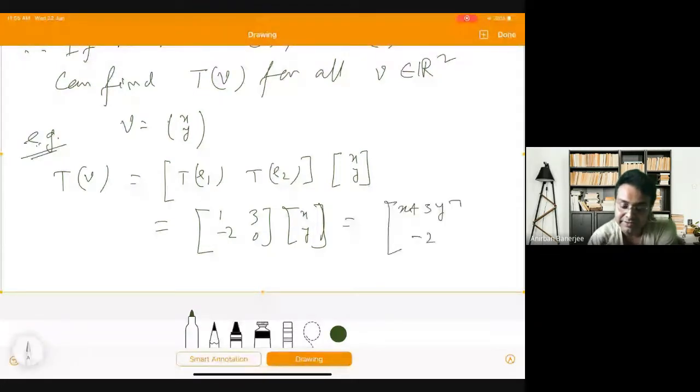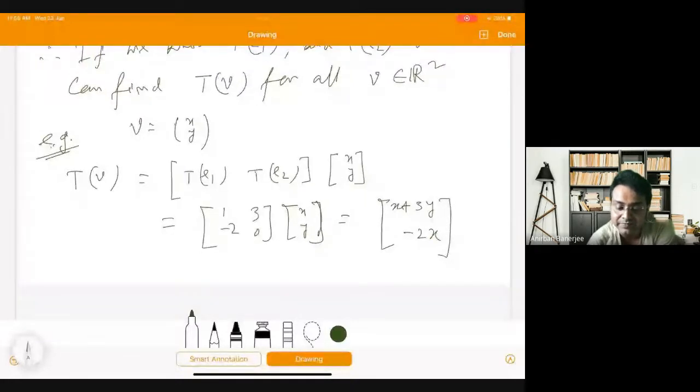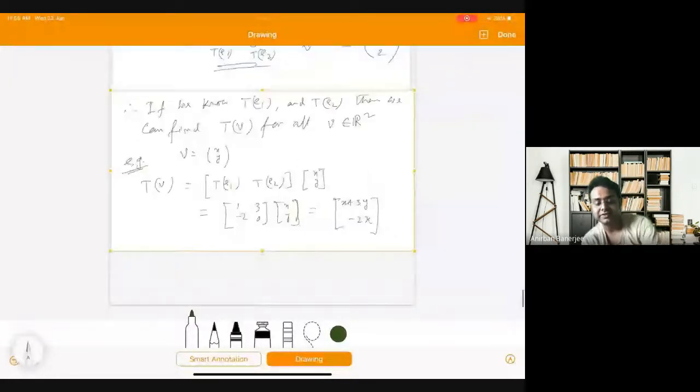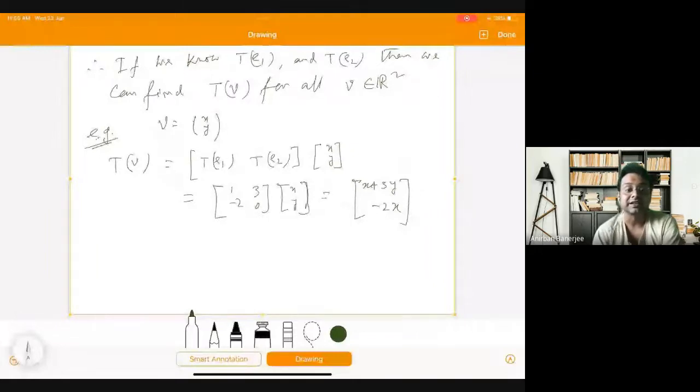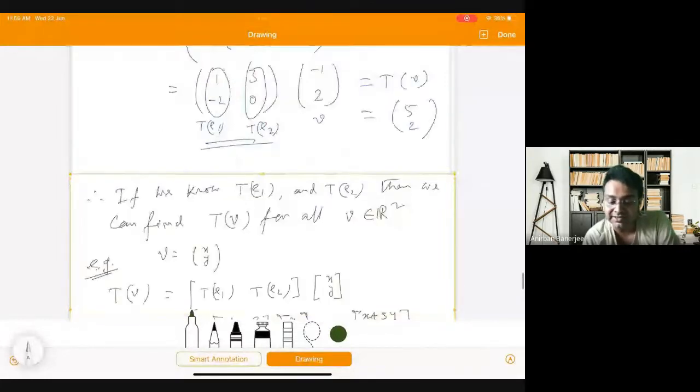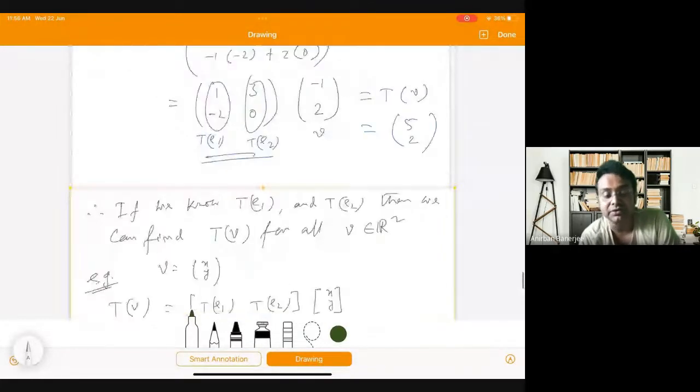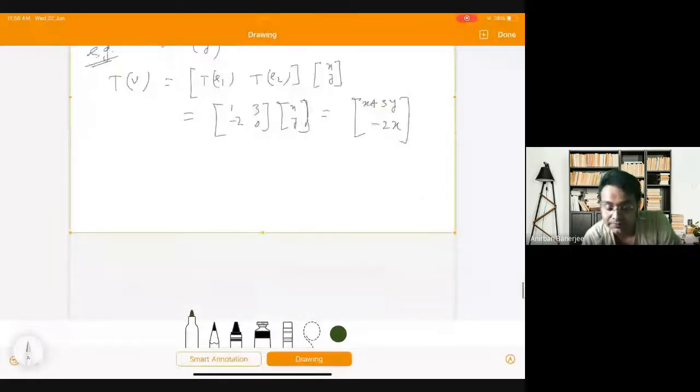So this linear transformation T is actually being described this way. We don't know the formula of this mapping T. But instead of knowing the formula of this mapping, we know where E1 goes and where E2 goes.